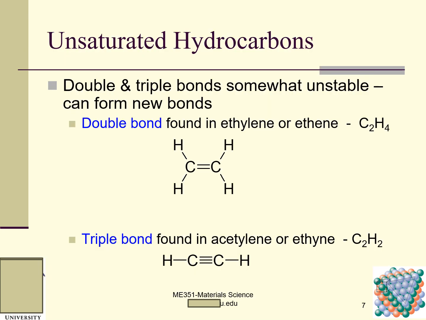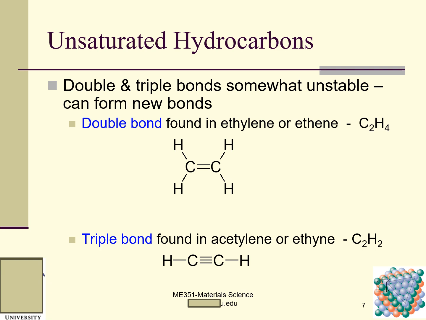An unsaturated hydrocarbon. Unsaturated carbon means there are double or triple bonds somewhere, which are unstable and can form new bonds. So you can see this is a double bond between these two carbon atoms in ethylene or ethene.